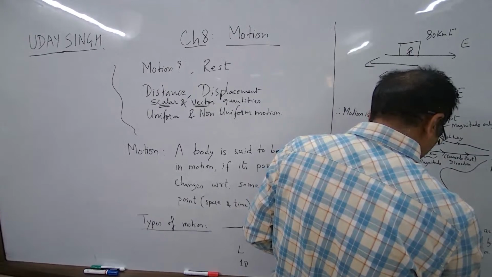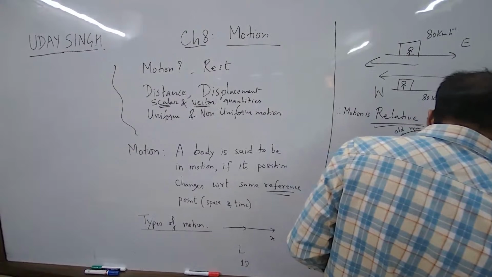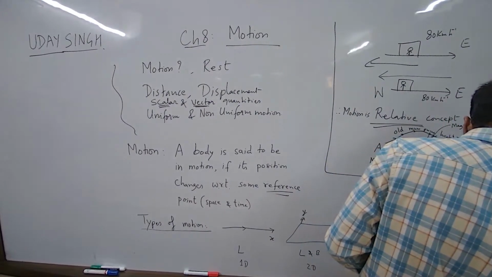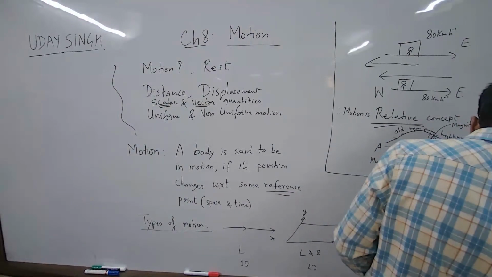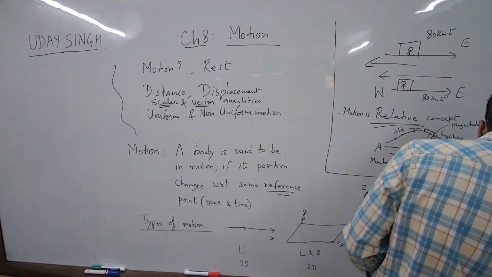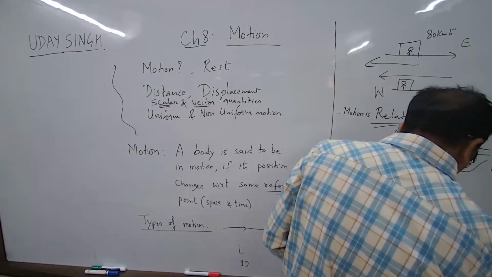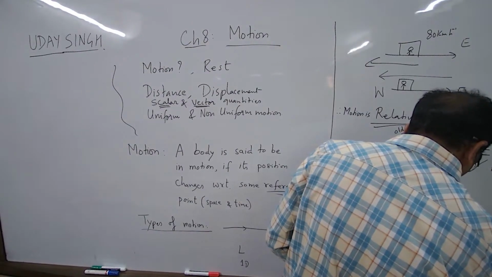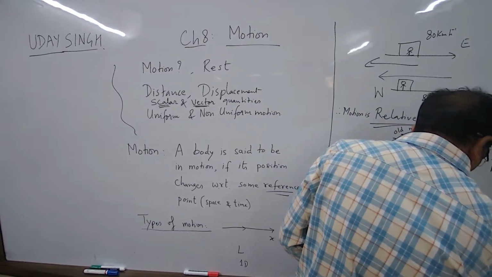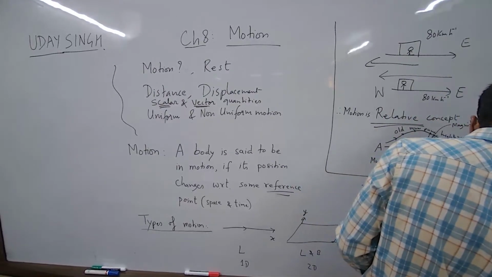So what is displacement? First we define it. Displacement is the shortest distance between 2 points in a given direction.